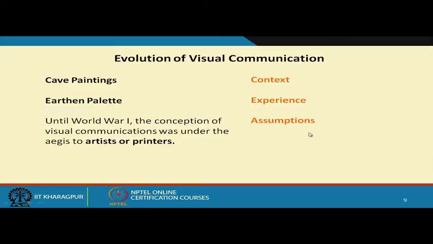Whereas the latter part was more or less reliant on assumptions, on trying to beautify elements, assumptions based on making it aesthetically pleasing.